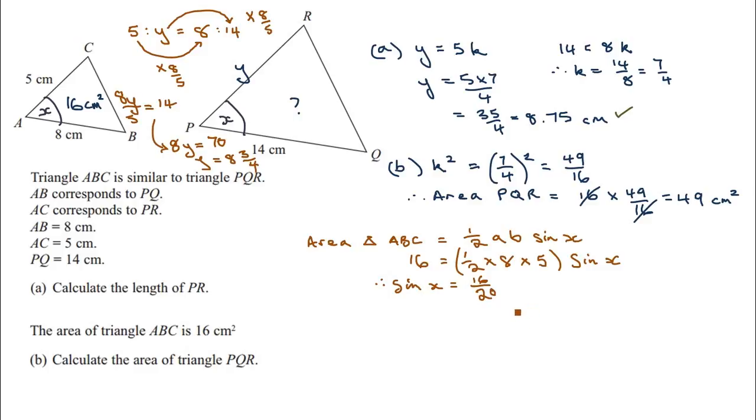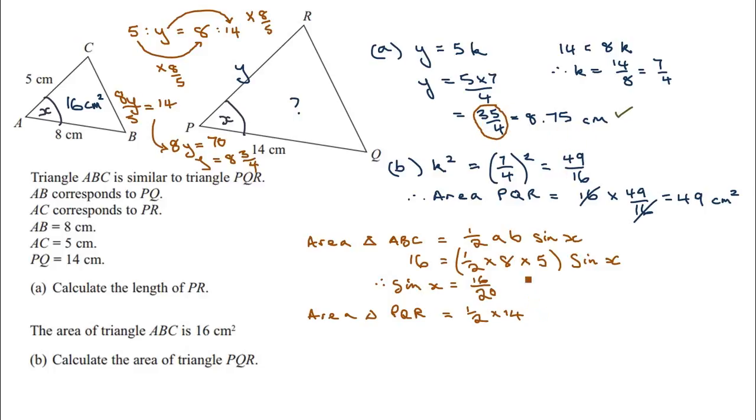Okay, so now if we move on to the area of triangle PQR, that's also going to be half times A times B. Well, A is 14 times B, and we now know that B is this length y, and I'm going to use this here because that's going to be easier to work with than this.